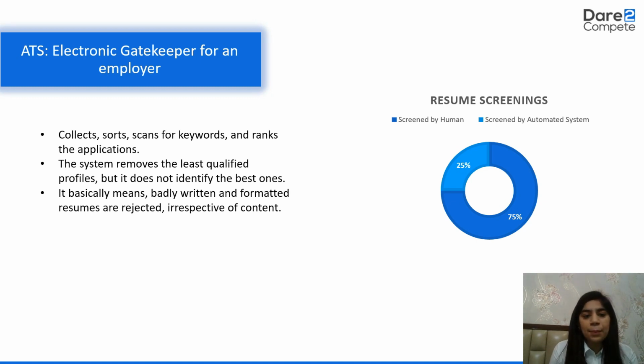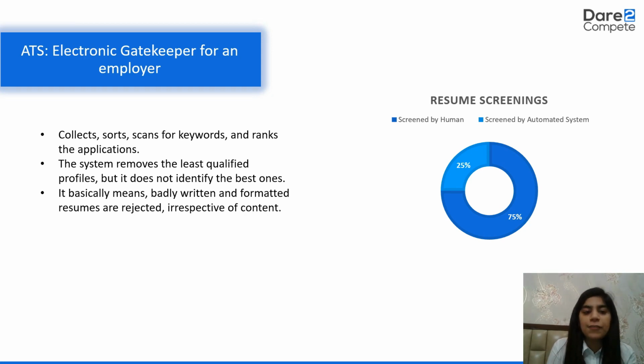So what will happen essentially is, say 100 people have applied for a particular job. What ATS would do is collect, sort and scan for keywords out of those 100 profiles, and then tell the employer that only 75% of these are rejected, while 25% is something you can consider for further shortlisting.